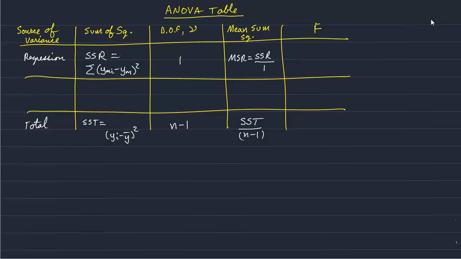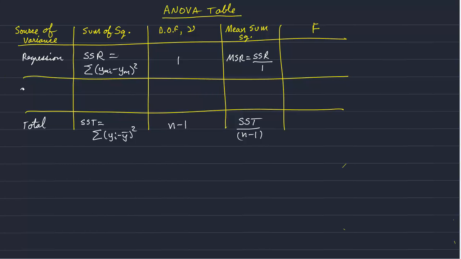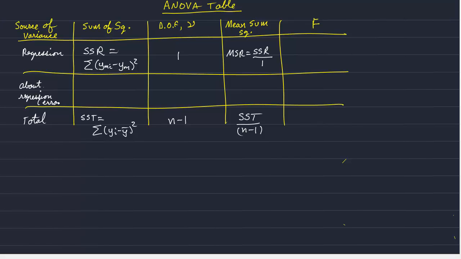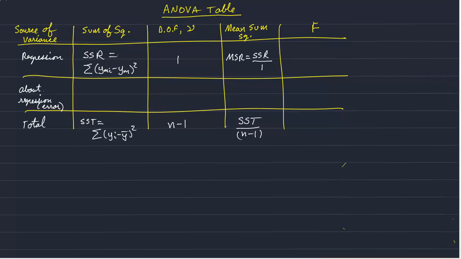And then our other source of variance is the variance about the regression. And that was SSE, and that again was the sum of square deviations of each data point from the regression. And that had degrees of freedom of n minus 2, and the mean sum of squares is equal to SSE divided by n minus 2.